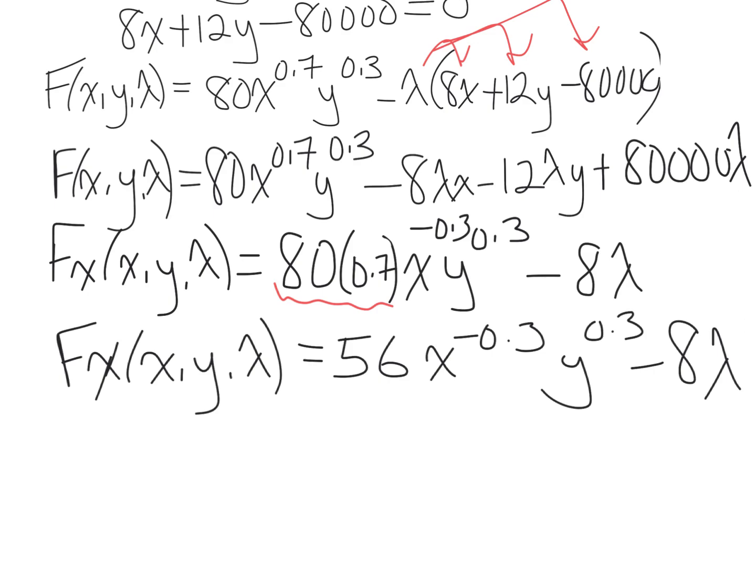Does that make sense? 0.7 and then 0.7 minus 1. Simplify by multiplying. Yeah, I think that's good.